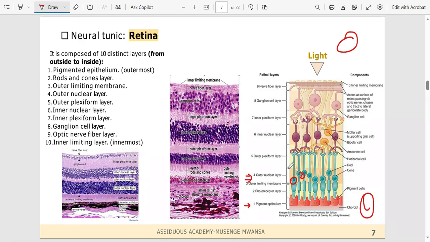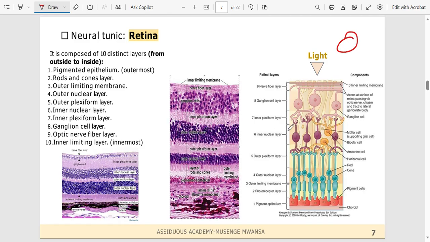So after these cell bodies, you have got this part. Can you see this part is where the bipolar cells and the rods and cones are meeting? So we call that a plexiform layer, they're forming a plexus. So that's the outer plexiform layer.